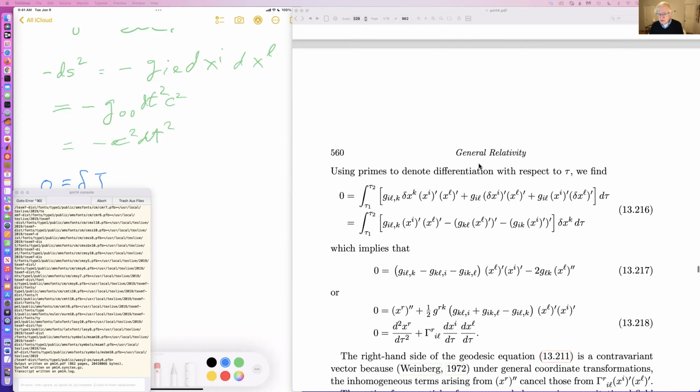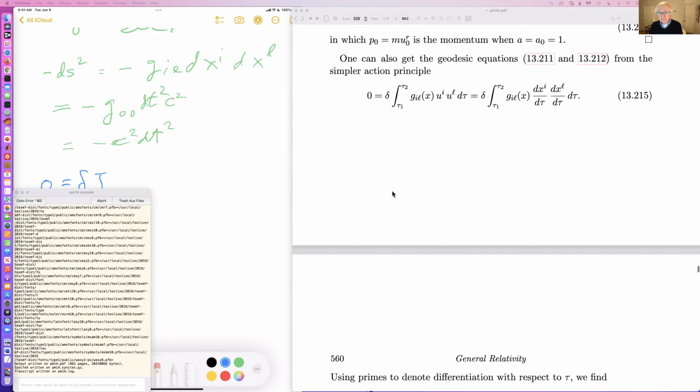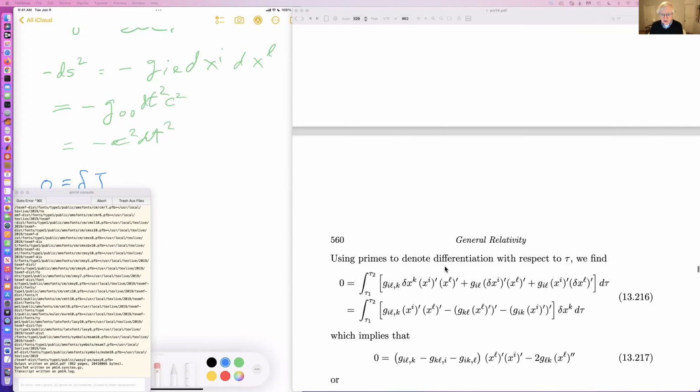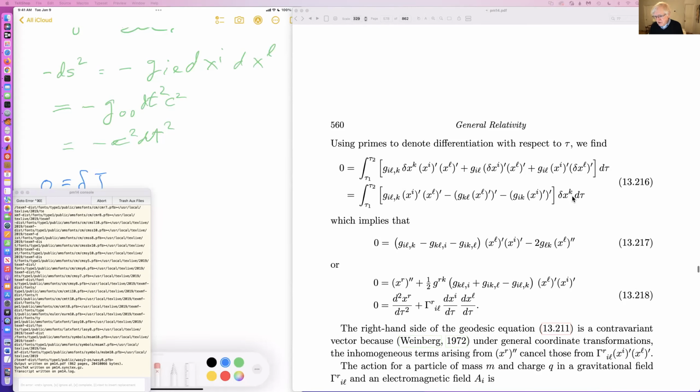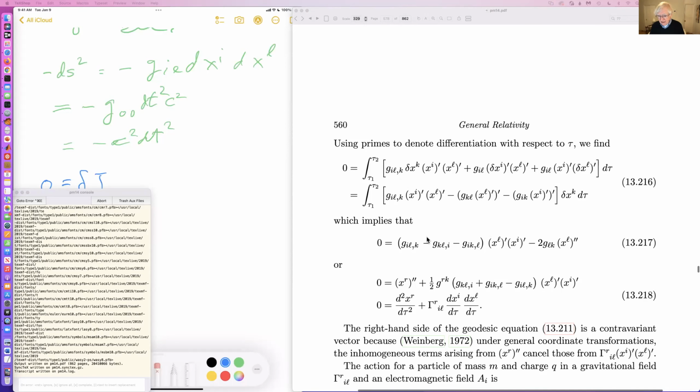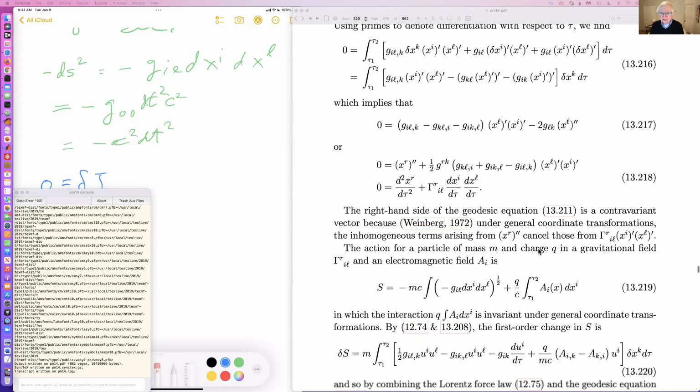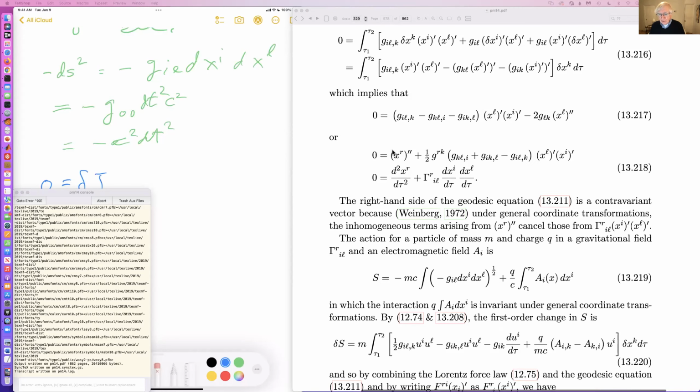Now using primes to denote differentiation with respect to tau, you can compute that first order variation as this integral over tau, and then you can rewrite that in this form. And then since the variation of x^k is arbitrary, the square bracket has to equal 0. And you can then rewrite that in this form. Again, you recognize the affine connection, and so you get back to the same equation.